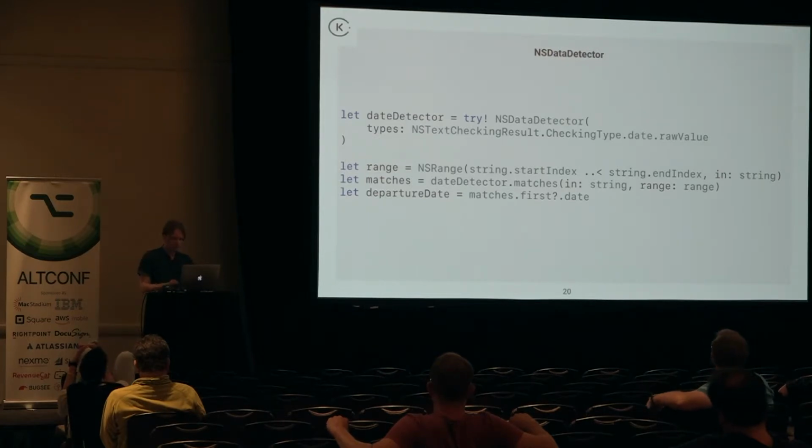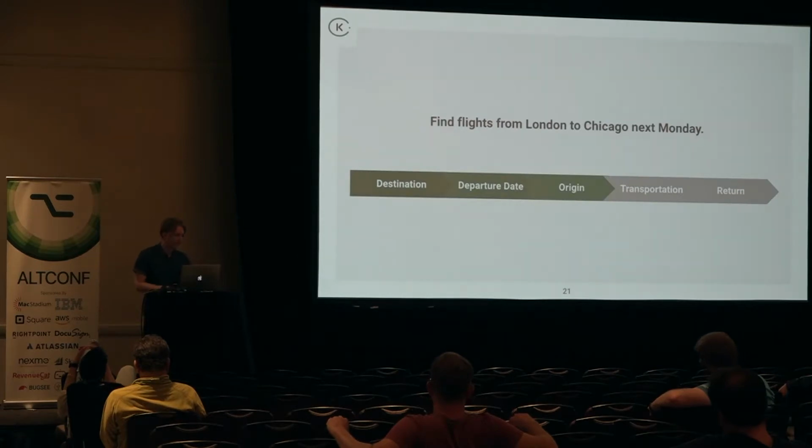So yes, good. We now have 2 out of 5, so let's go on to origin, because some people care where they're coming from. And unfortunately, this is where my very, very simplistic attempts hit a wall, because I've so far assumed that there was only one of each of the things that we need to parse in the sentence.